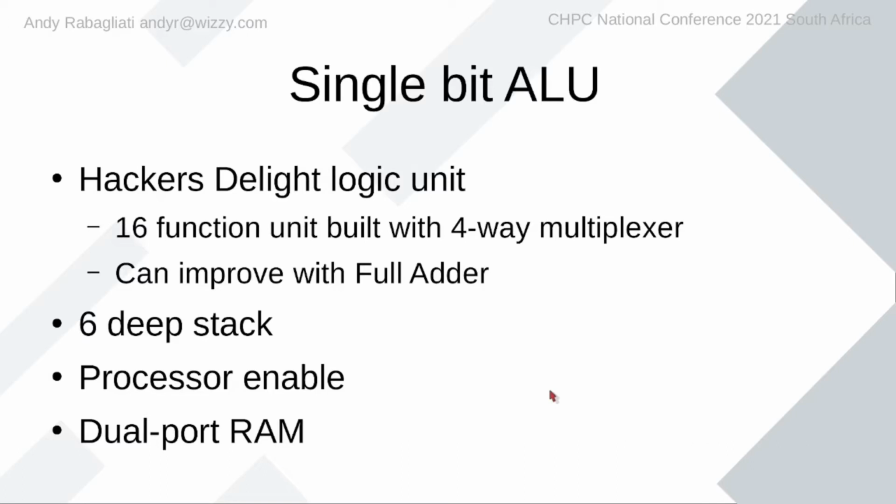It has a 6-deep stack. The stack is needed for holding intermediate results during the processing. And each processor has a processor enable, so on a per processor basis you can include the ALU in the operation, or you can mask it.